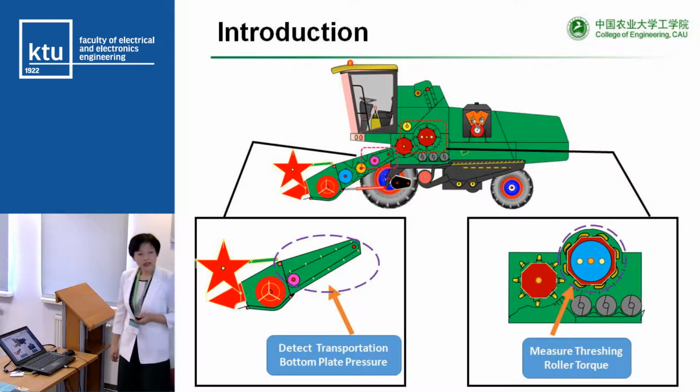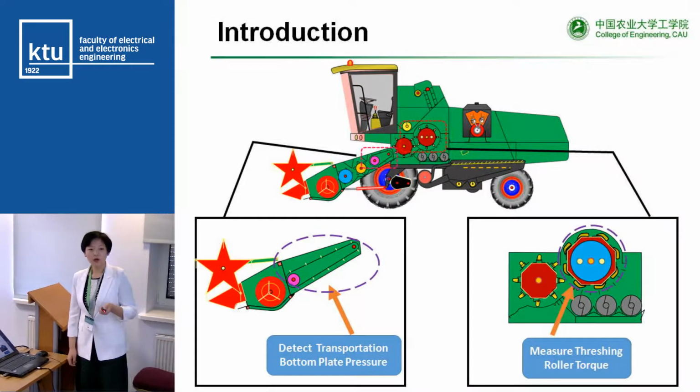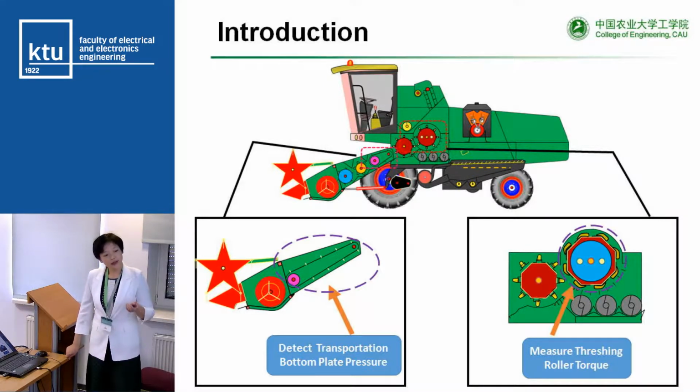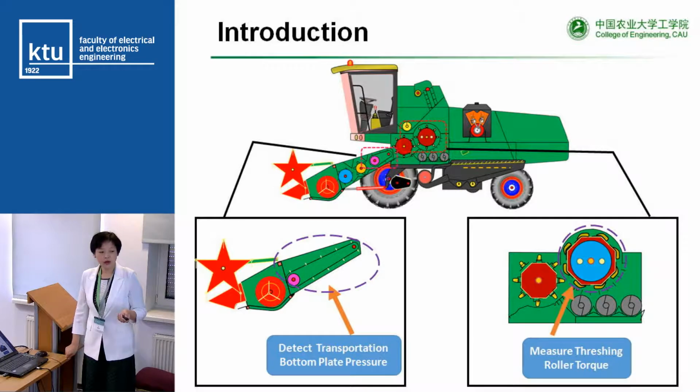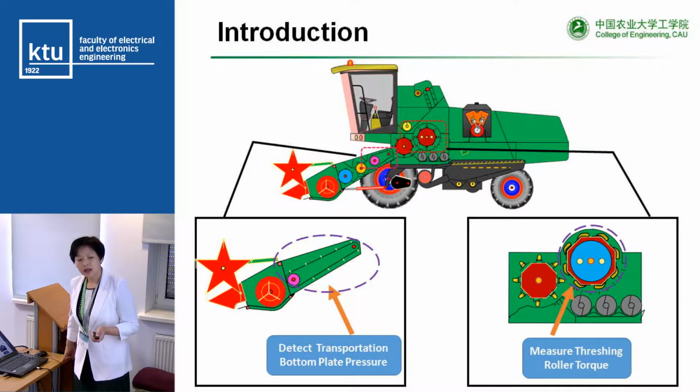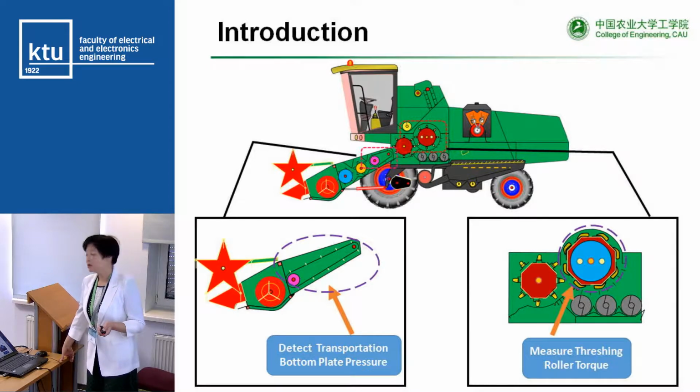In the past, there were two typical ways to test this parameter. One is to test the pressure of the transportation bottom plate, in the transportation part, and another method is to test the torque of the threshing drum.